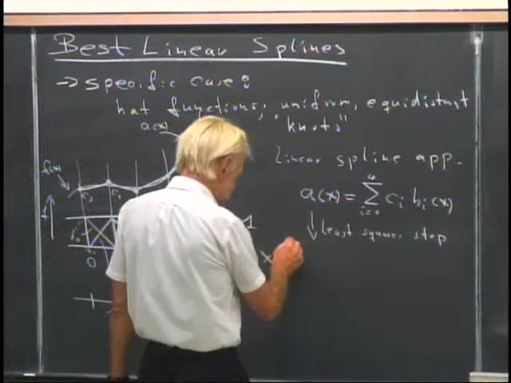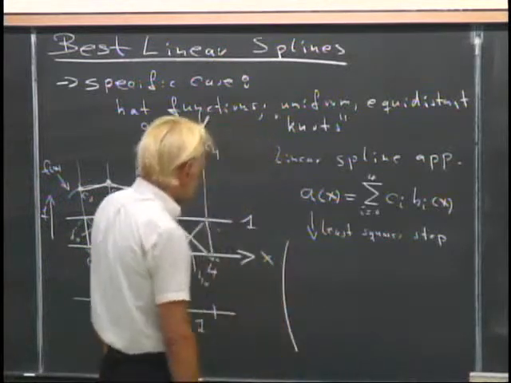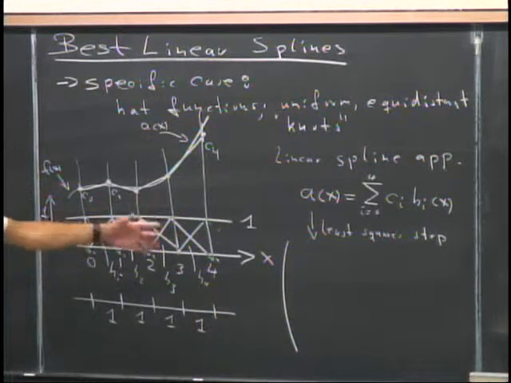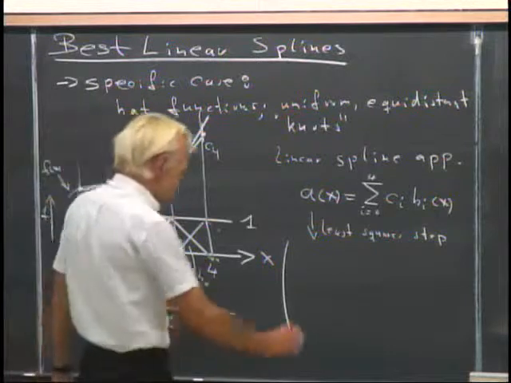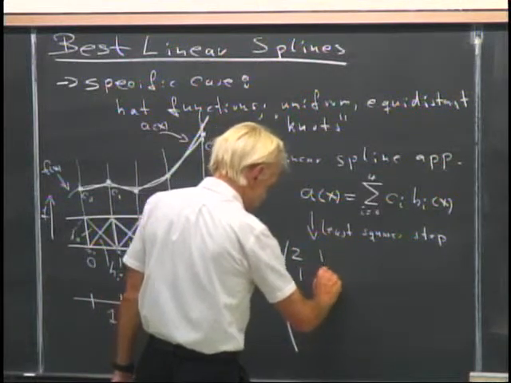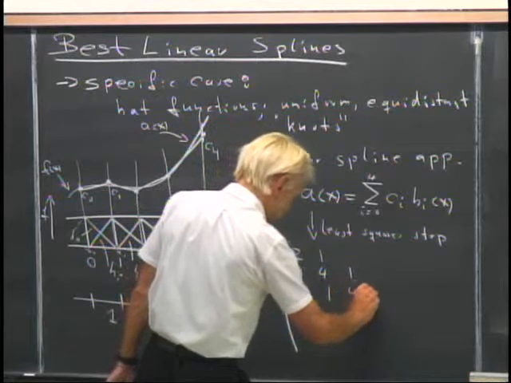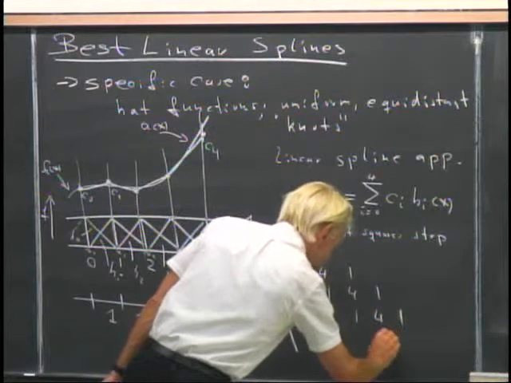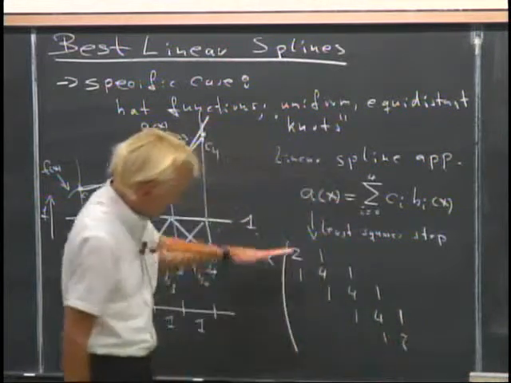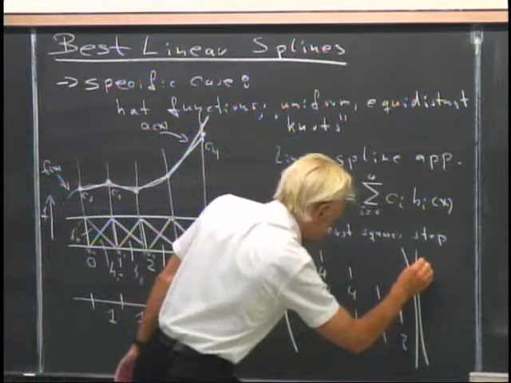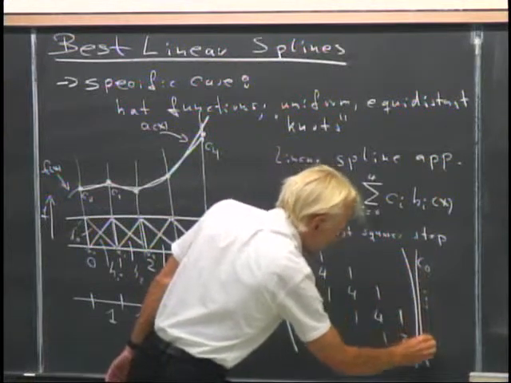The solution, in this particular case, I just talk about the specifics because the general case follows automatically for an arbitrary number of hat functions. It looks like this: 2, 1, 1, 4, 1, 1, 4, 1. This can be easily memorized. 1, 4, 1, and then it's 1, 2, right? 5 coefficients, unknowns, c0 up to c4.